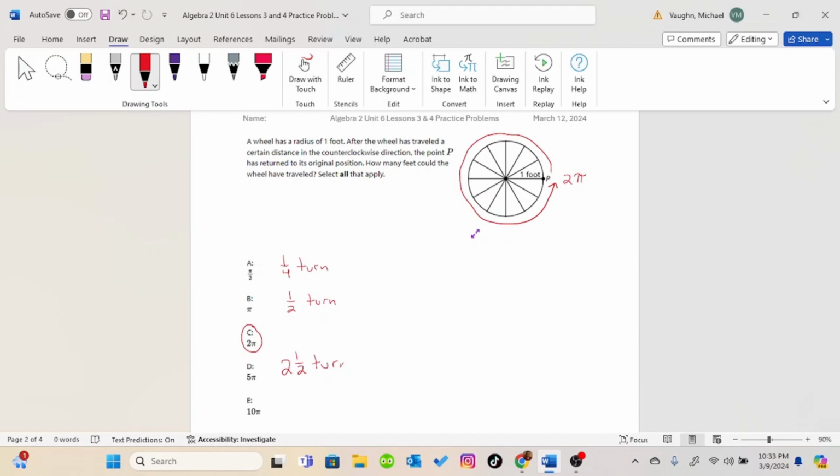And we said that it's gone all the way around to return to its original position. And E would be 5 turns. So it could be E as well if it's rotated 5 turns before returning to its original position.